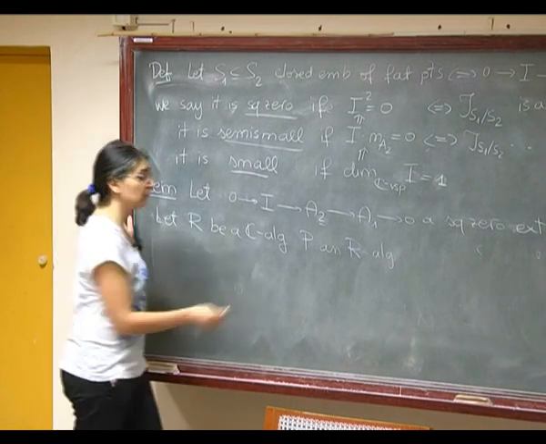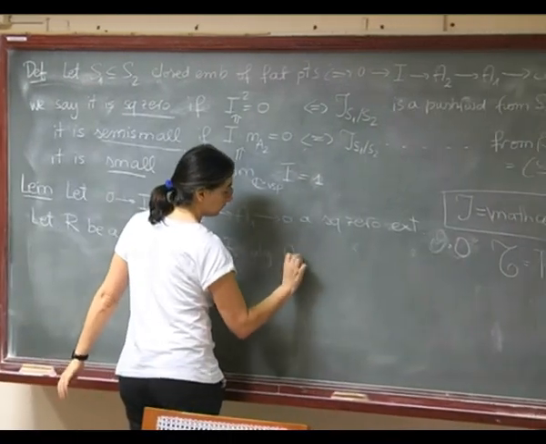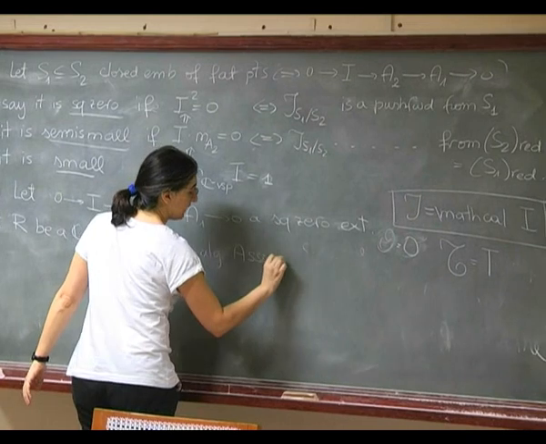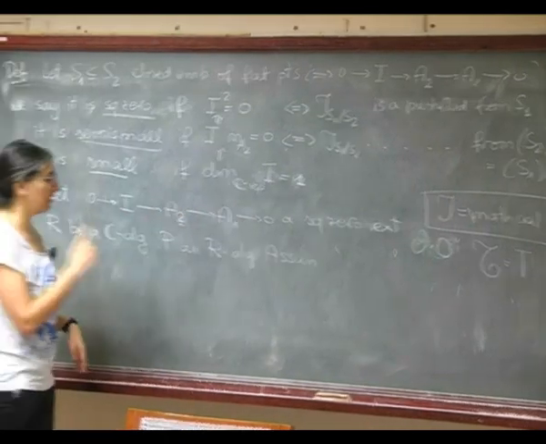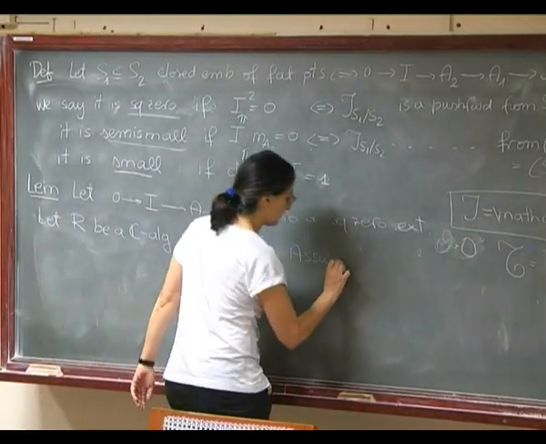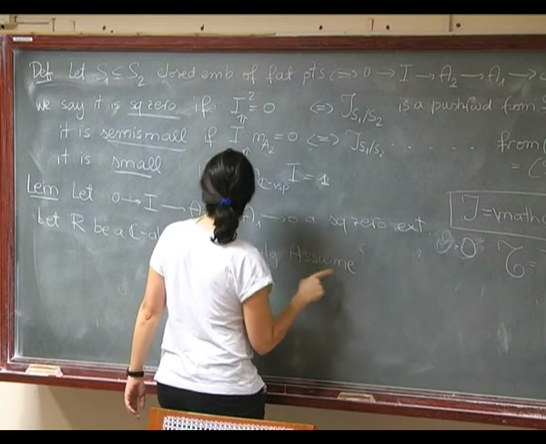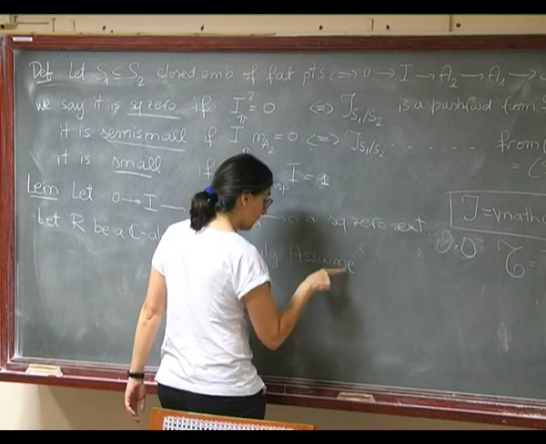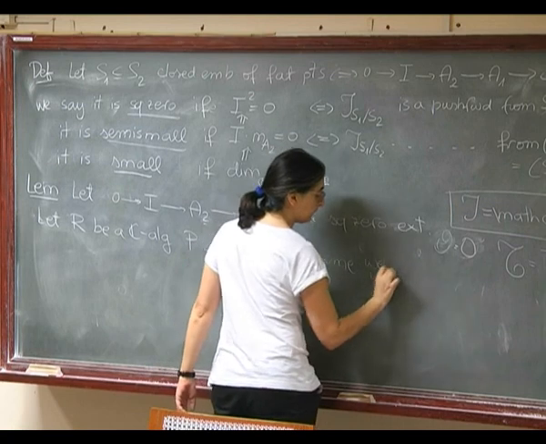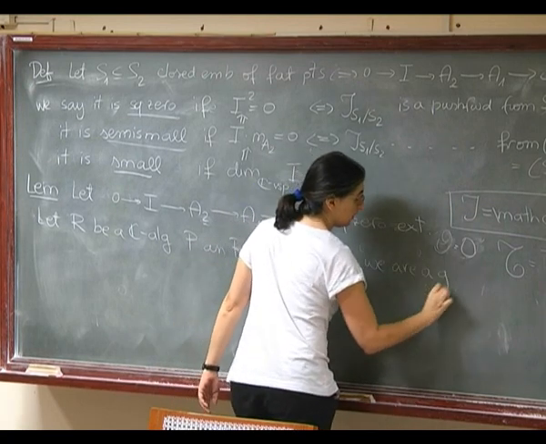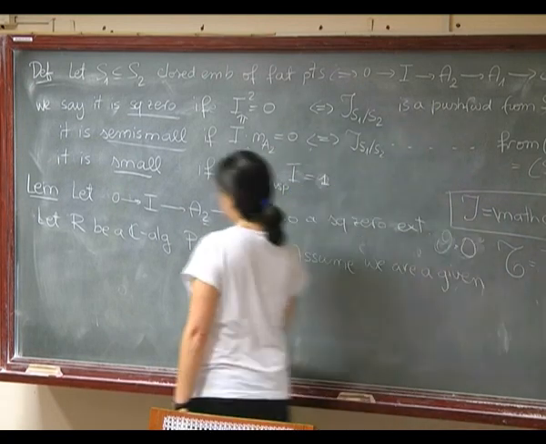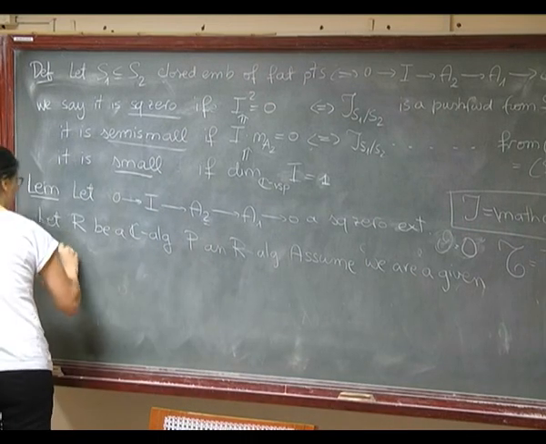And assume we are given a commutative diagram of algebra homomorphisms.